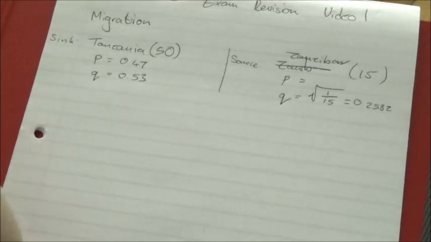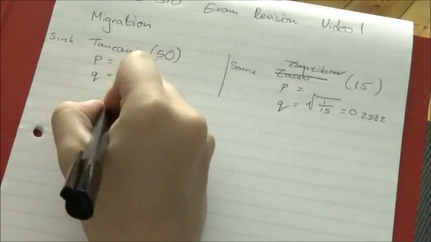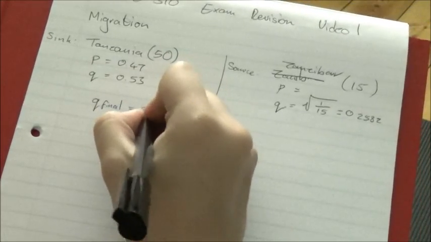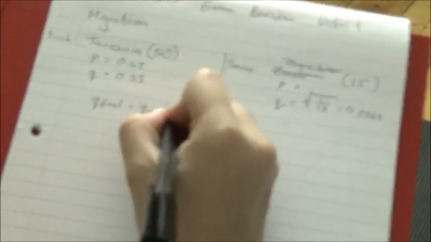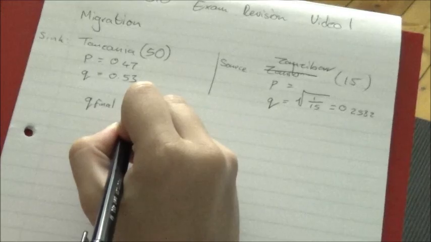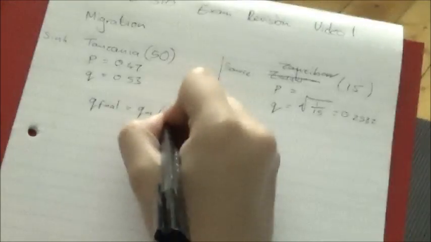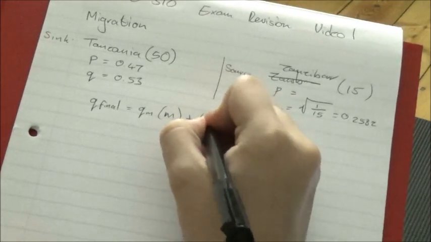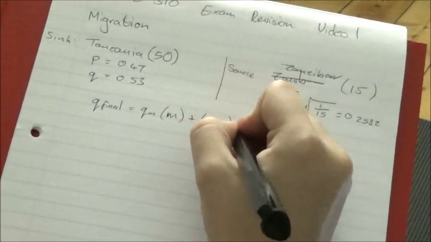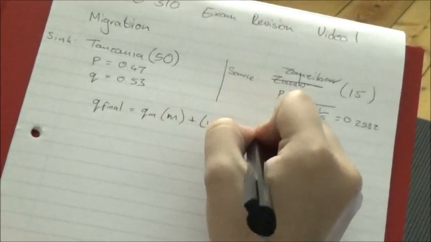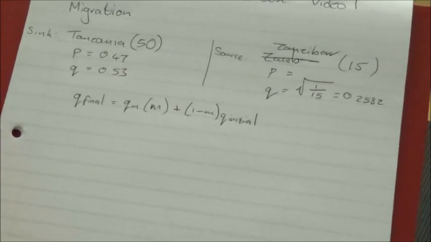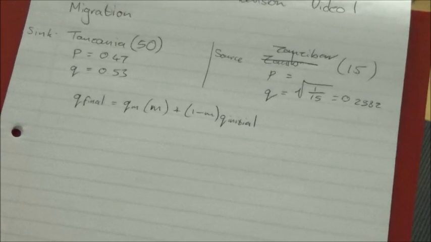Q final is equal to QM times M, plus 1 minus M times Q initial. You all should have seen that formula before.